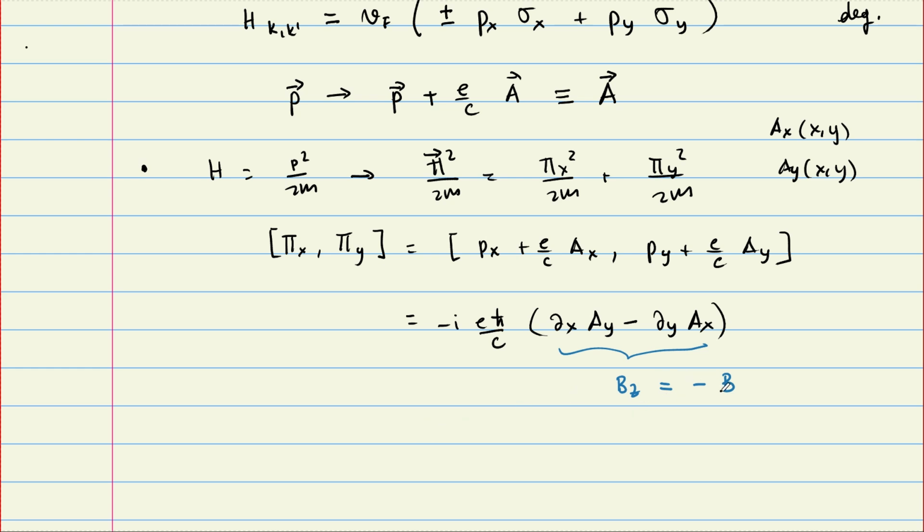So if you want, the magnetic field points in the minus z direction. That's why there is an additional minus here, which is a convenience sign. Then it happens to be i e h bar over c times B.